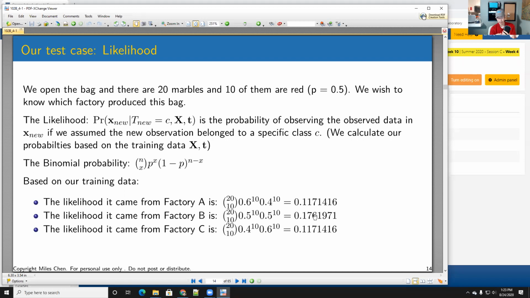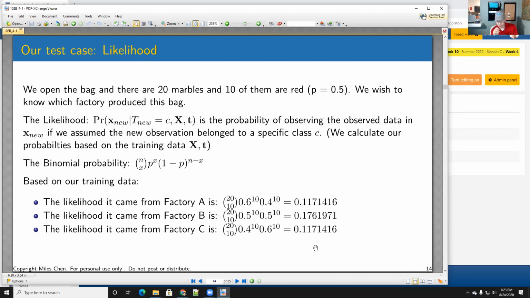So it has a high likelihood of coming from factory B. And factory C, which produces 40% red, has a probability of 11.7% of producing our pouch of 10 out of 20 red.